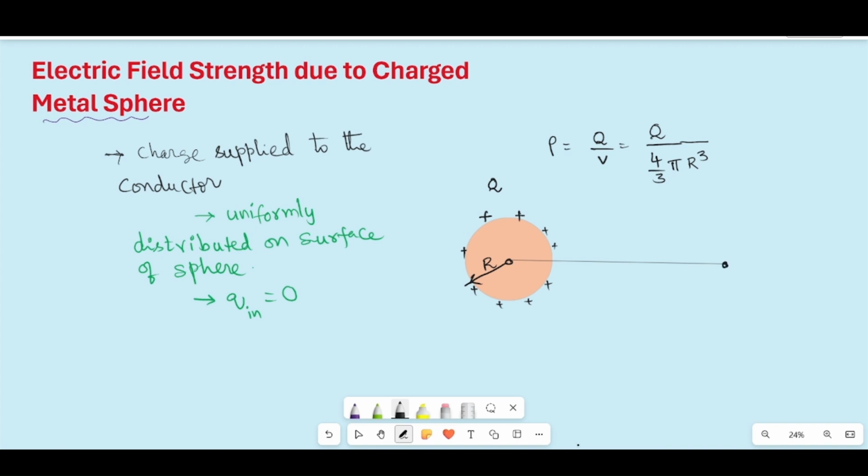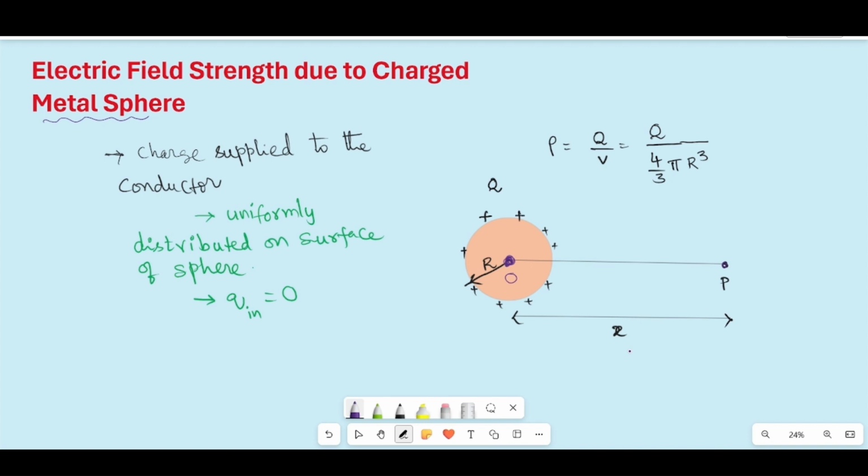So at a point P on the axis of the sphere, at a distance x from the origin, what is the electric field intensity? To find it, another important point you should assume is that, even though it is a sphere, the total charge is concentrated at the center O with respect to this point P, which is external, greater than the radius of the sphere.